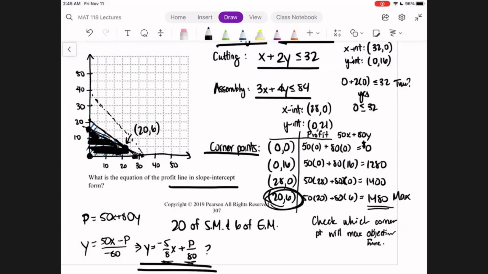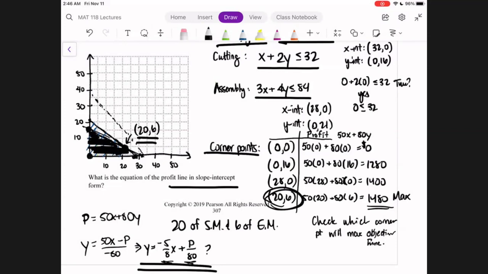Okay, so the book does talk about it this way, and if you move this line up and down, this imaginary line that I have right here, when does it actually go into my feasible region? The first point that it would hit would actually be at the 26. Okay, which happens to be when we maximize profit, right? Because that's when this line will first hit this feasible region, and if it's the first time it's going to hit this feasible region, that means the intercept is the largest, so it would mean it has the largest profit.